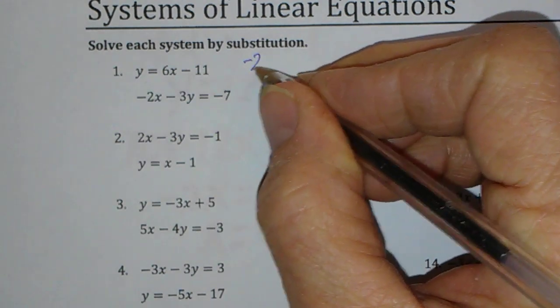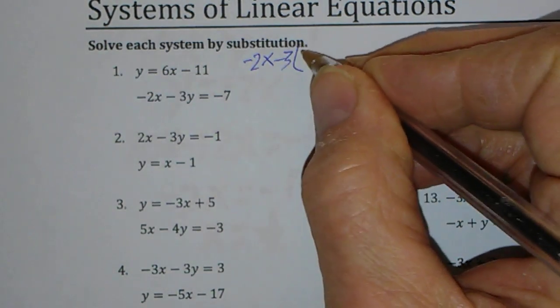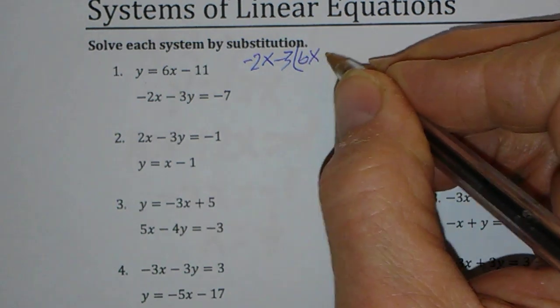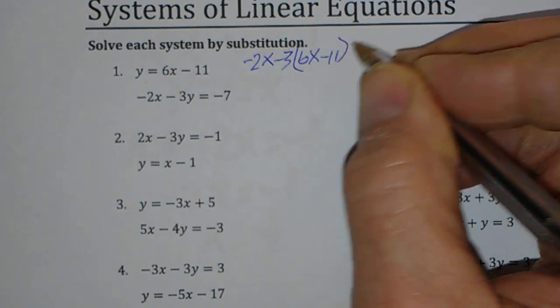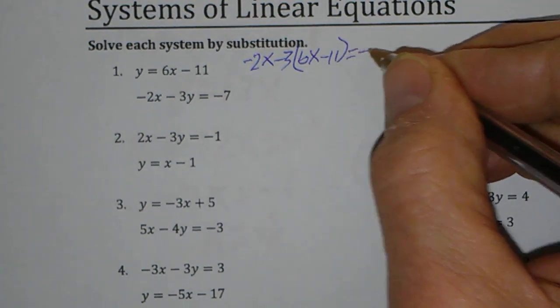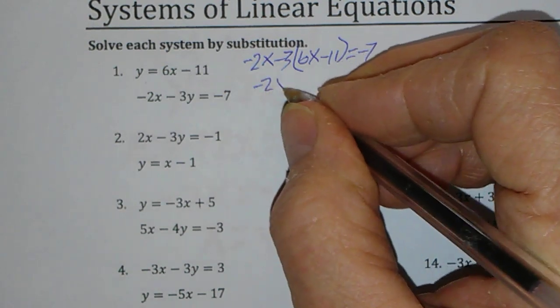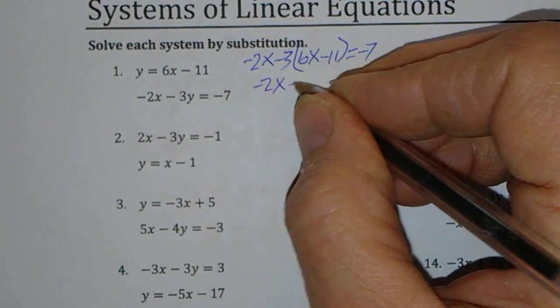We have negative 2x minus 3 times 6x minus 11 equals negative 7. So we get negative 2x minus 18x.